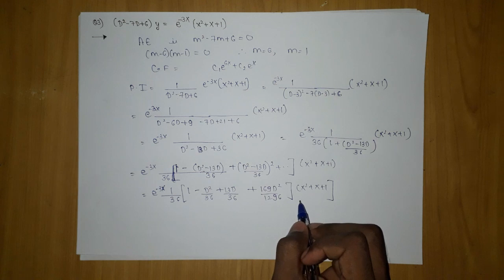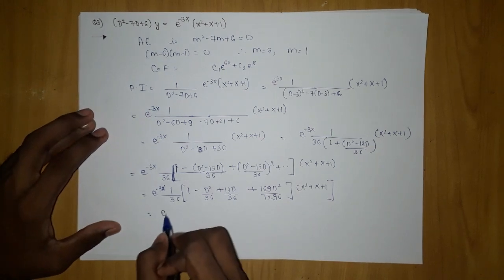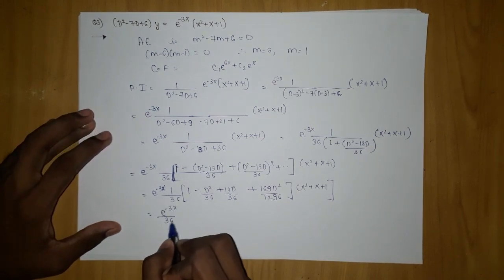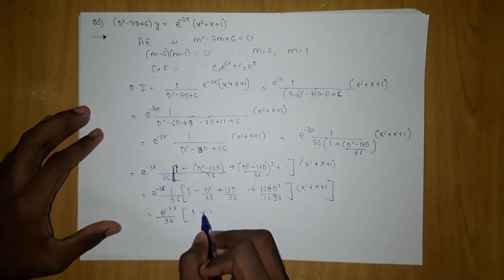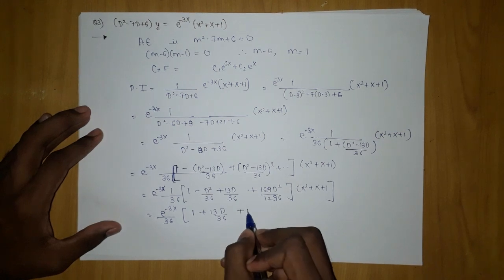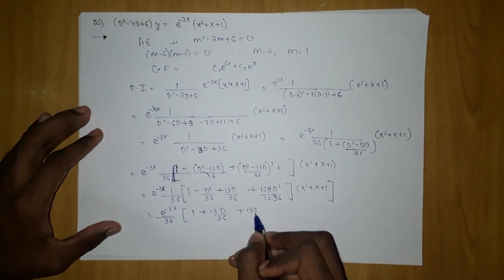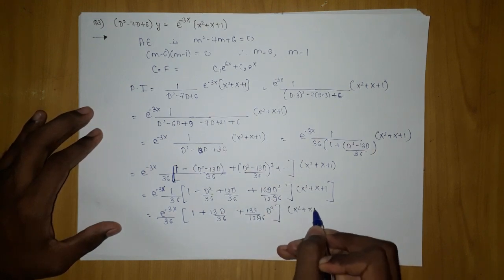If we add all the similar terms, what we are going to get finally is e to the power minus 3x by 36 bracket 1 plus 13D by 36 firstly, and here it will be 133 by 1296 D square bracket close, (x square plus x plus 1).